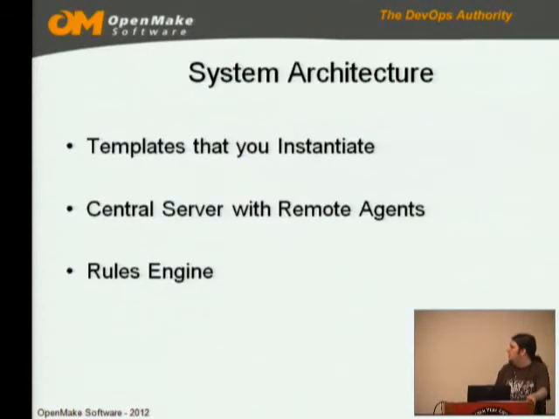So, okay, as far as what we specifically do that's different, or we like to think of as different, the architecture of our system is basically for any of these build, deployment, package, configure processes, there's basically a template, a model, objects in a sense that you can instantiate to do those different tasks.